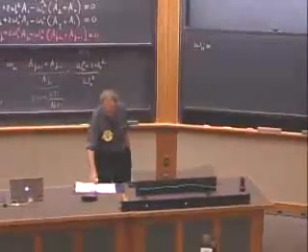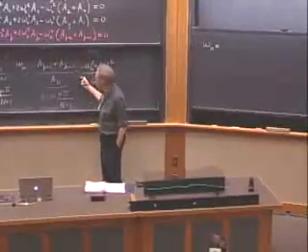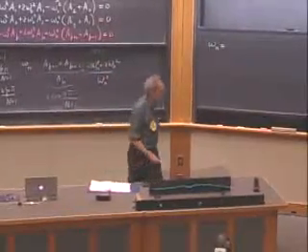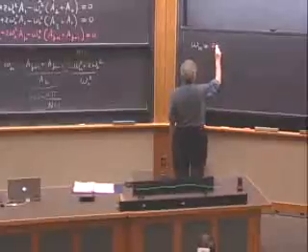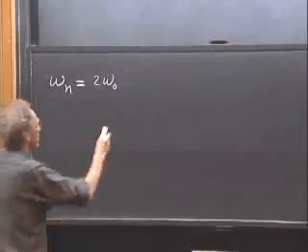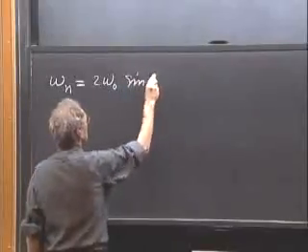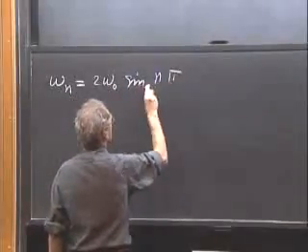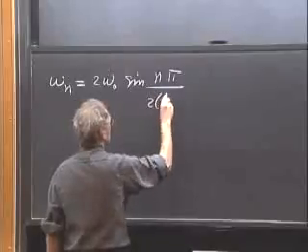So I will give you the result, but it really is implicit already in here. You'll get 2 omega 0. The result is by no means intuitive, times the sine of n pi divided by 2 times n plus 1.